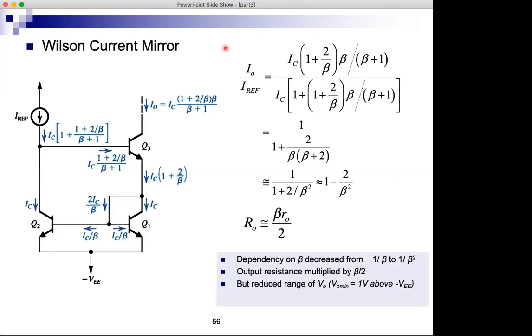What's the price that we pay? The price we pay is in the reduced range. This is the output in this case. Previously, we used to say that the smallest output can be 0.3 volt above ground or above minus VE. Now I have 2 transistors that I need to make sure that they're always active.